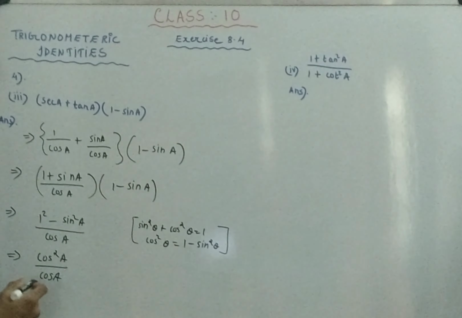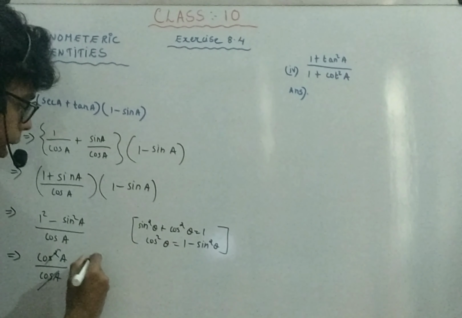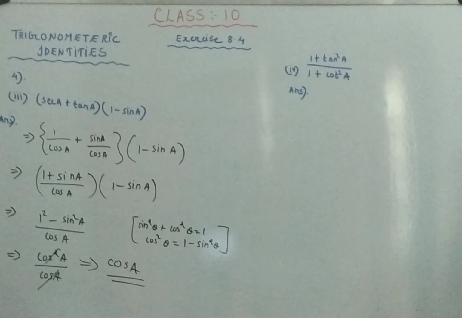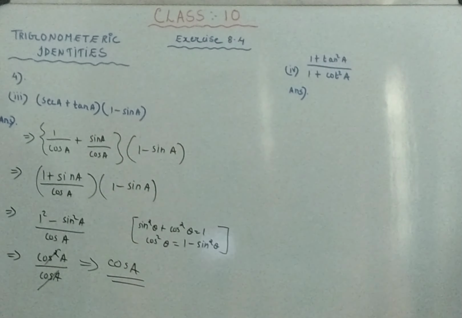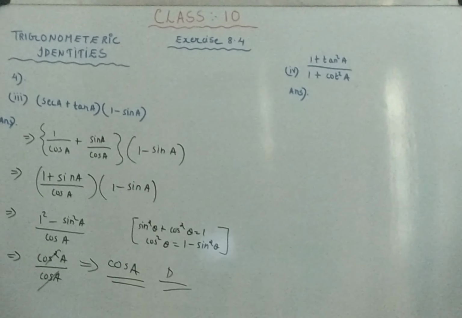So I can cancel one cos from here and one cos from here. What am I left with? Cos a. So finally we get cos a as the answer. So that is your option D. Option D is the correct answer.